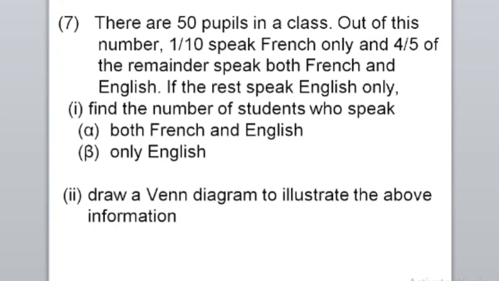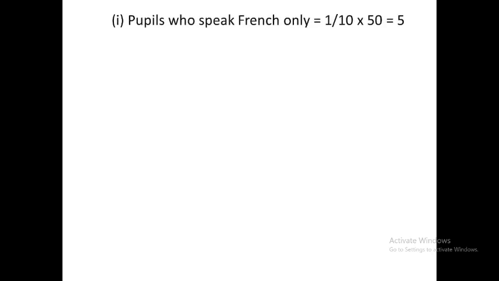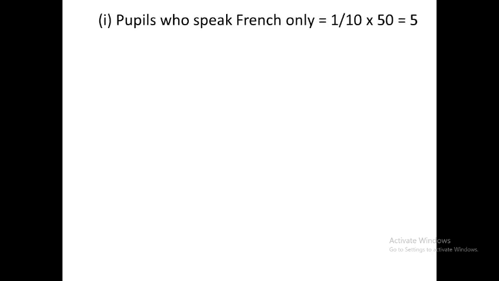Good. Now, let's begin. Remember, in this question, we can see fractions. We need to find the pupils who speak French only, and that will be 1/10 times 50, which is 5. Now, remember, we are told 4 out of 5 of the remainder, and so we need to find the remainder.